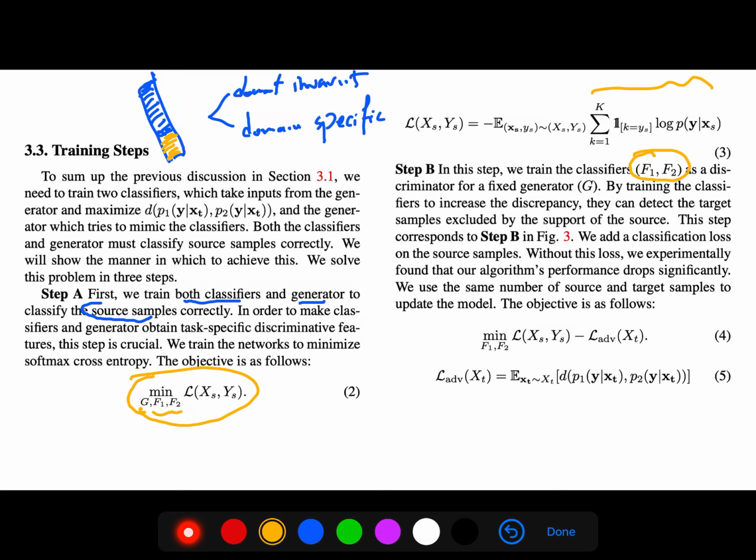And we add a classification loss on the source samples. Without this loss, we experimentally found that our algorithm performance drops significantly. We use the same number of source and target samples to update the model. So this is the adversarial part, the discrepancy between P1 and P2, the discrepancy loss.